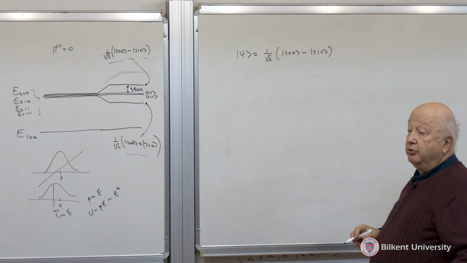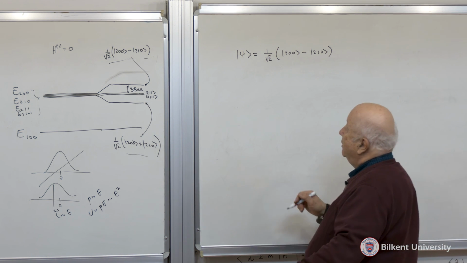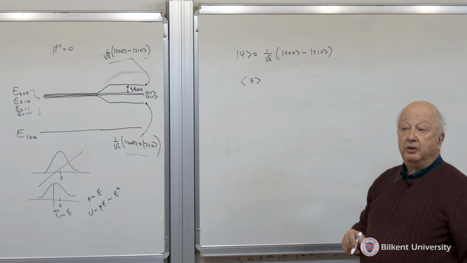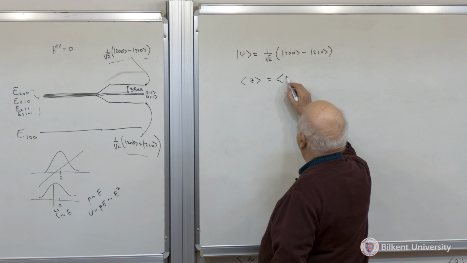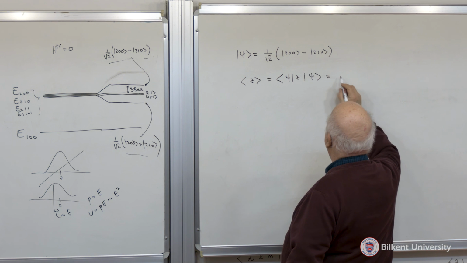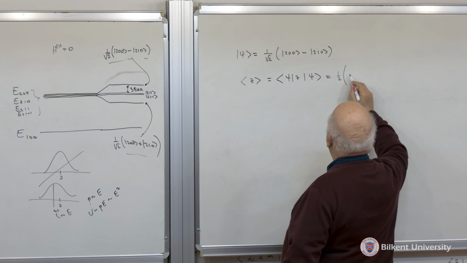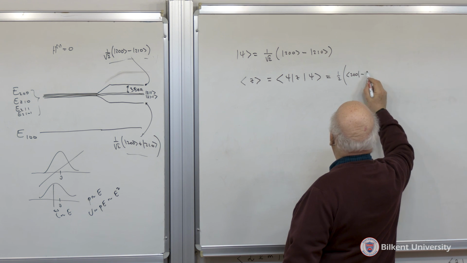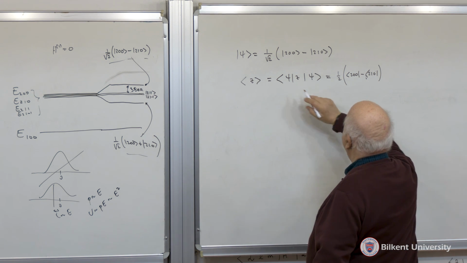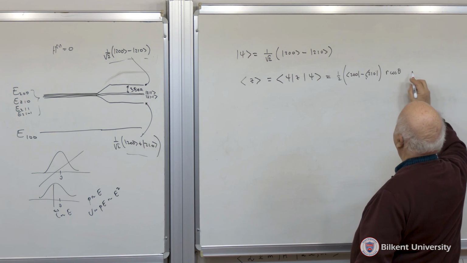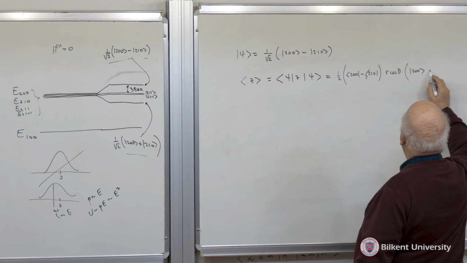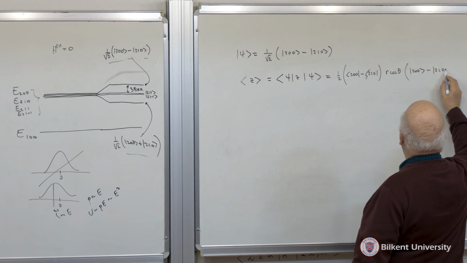And suppose now I want to look at the expectation value of the position of the particle in the z direction. How would I do that? I would just take <psi|z|psi>, and that would be 1 over 2, (<2,0,0| minus <2,1,0|) z (|2,0,0> minus |2,1,0>), the other way around as well. Okay, z is r cosine theta, and then over here I have 2,0,0 and minus 2,1,0.